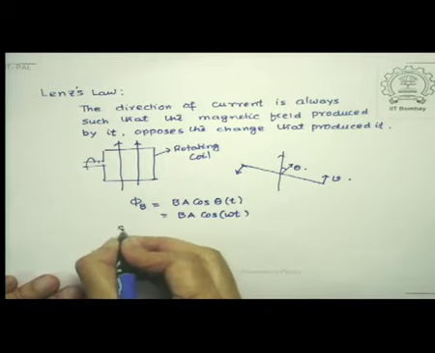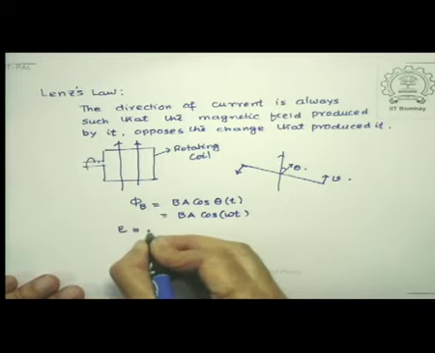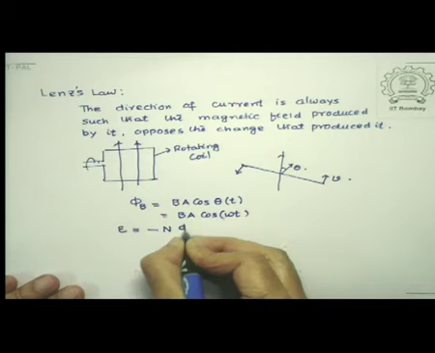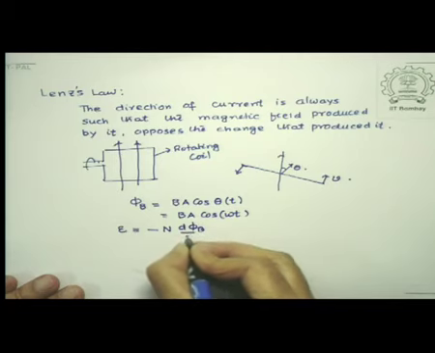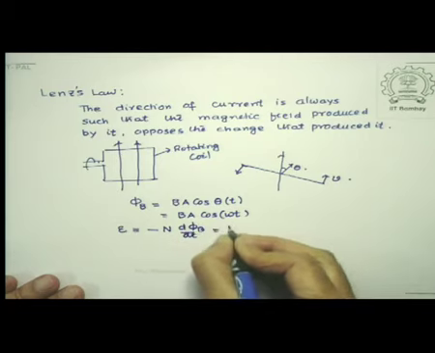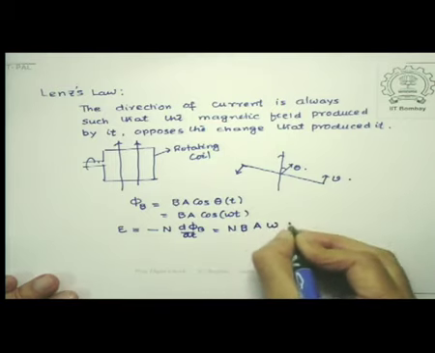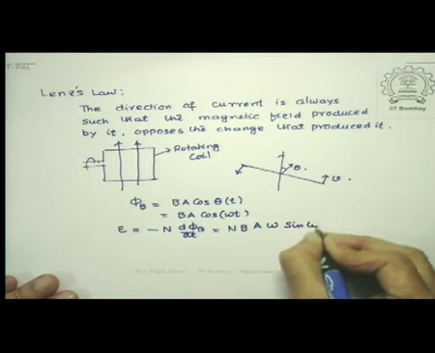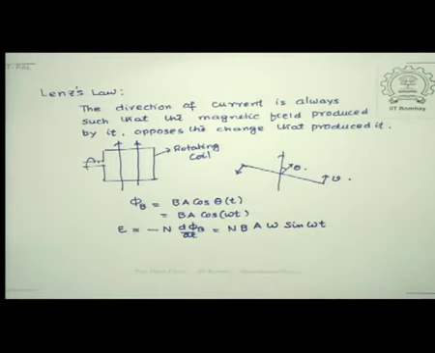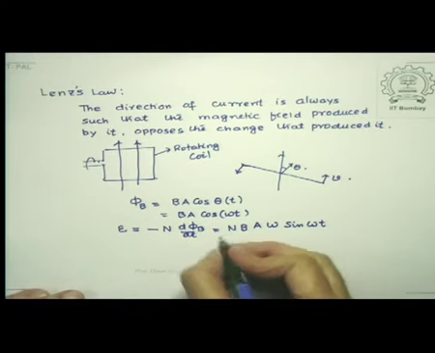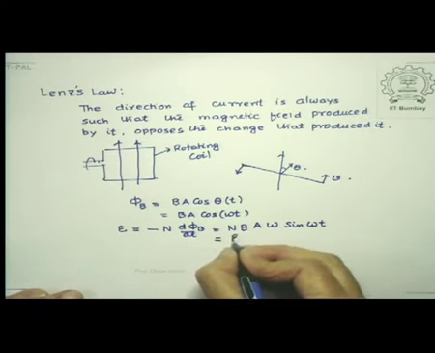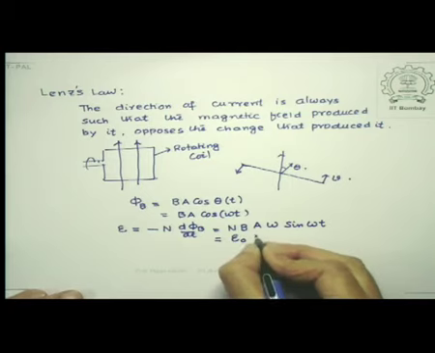Therefore the EMF generated by it, according to Faraday's law, is N d phi by dt, which is equal to NBA omega sin omega t, where N is the number of turns in that coil. Now this I can write as E0 sin omega t.